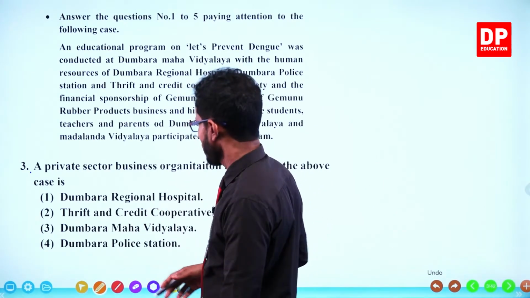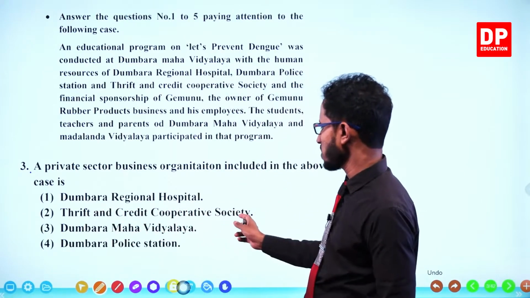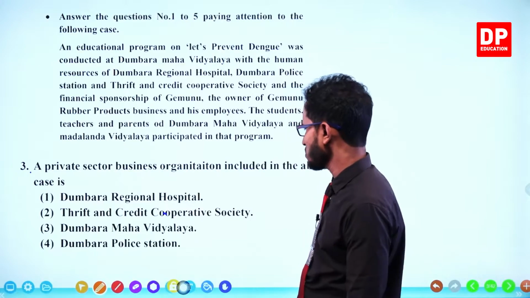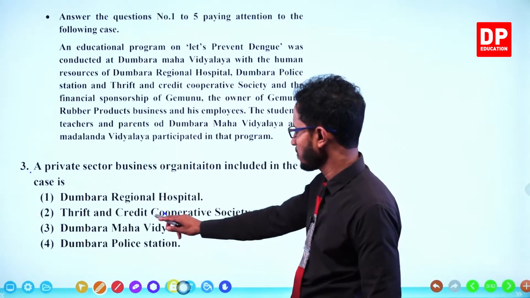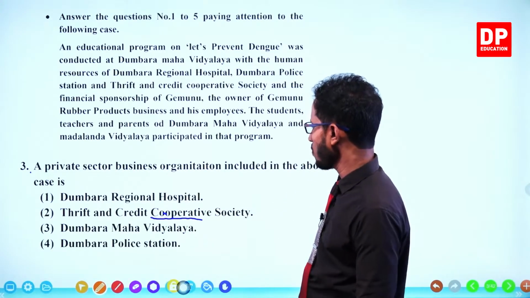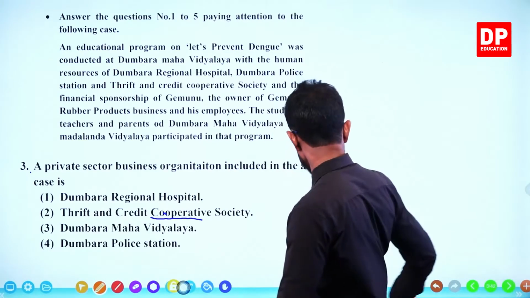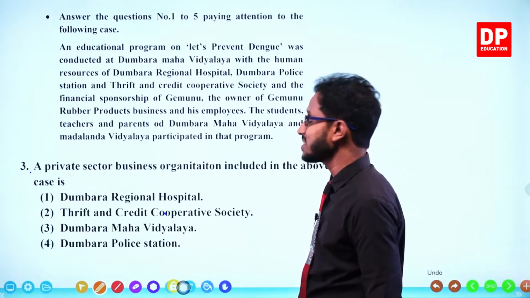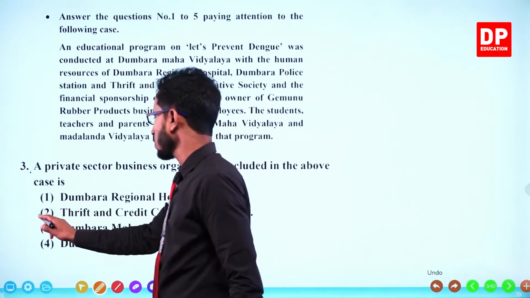Thrift and Credit Cooperative Society. There should be a dash in between here. Cooperative Society. Dumbara Mahavidyalaya? No, that is a government school. Dumbara Police Station is also a government organization.